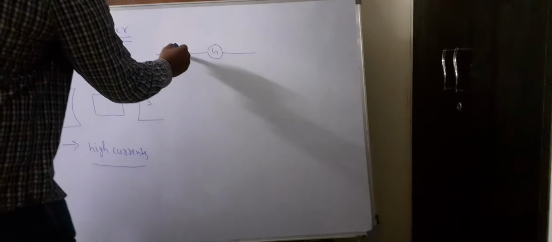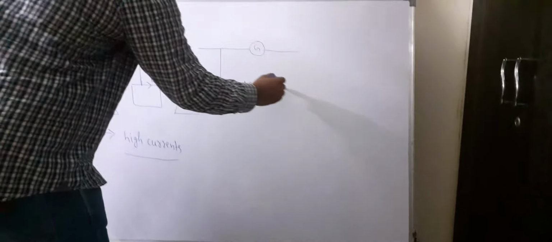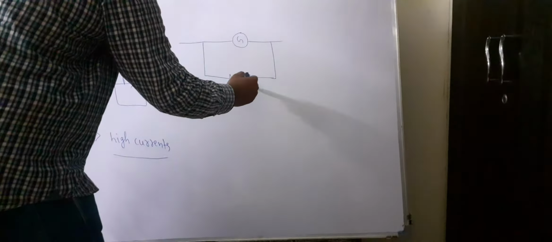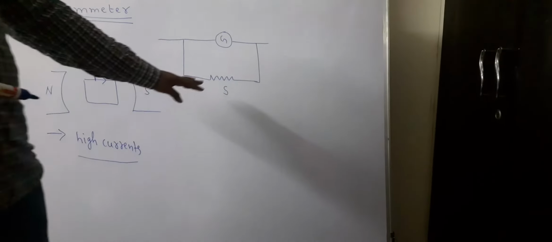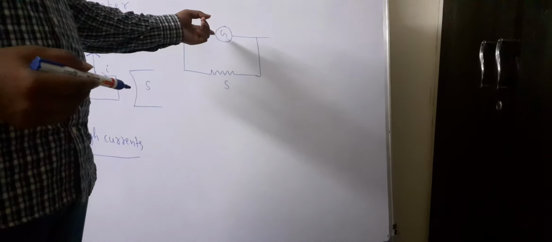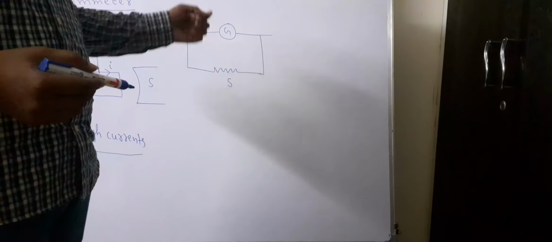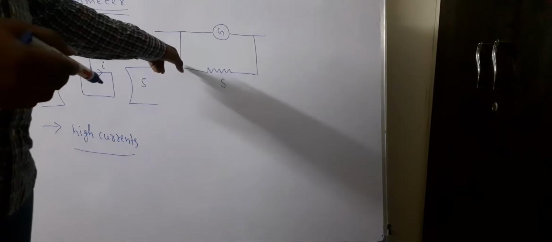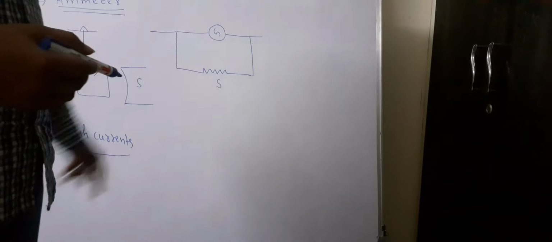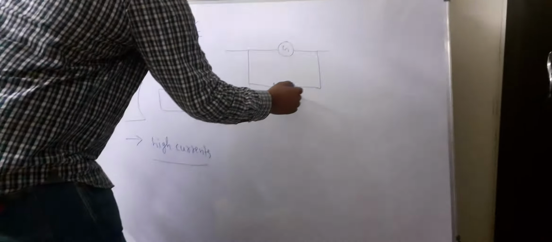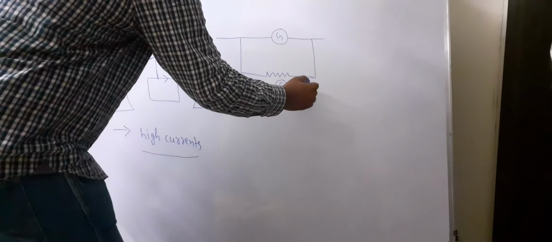So here a very low resistance, denoted by S, very low compared to the galvanometer resistance, is connected in parallel to the galvanometer. This low resistance is nothing but the shunt.